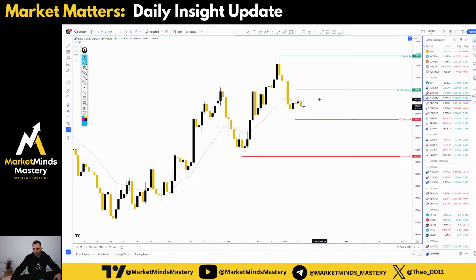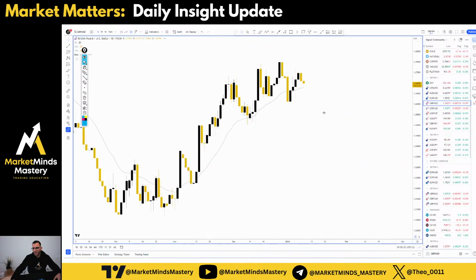The euro US dollar created a mess at this point. Since the non-farm payroll event last Friday, the price is trading within this range. There is no lower high, lower low, higher highs, higher lows. So we can focus on this one.